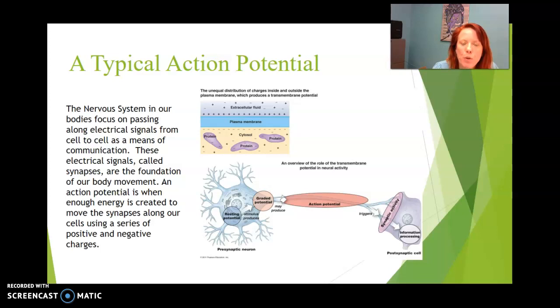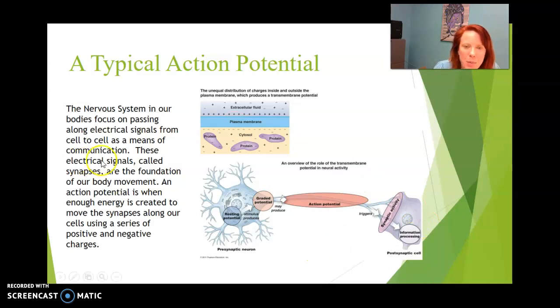When you get deep into muscular anatomy and movement science, we talk about how the body, to create every bit of movement, whether it's voluntary or involuntary, needs a graded potential to happen and a synapse to go through the muscles from the cells to get the movement happening.